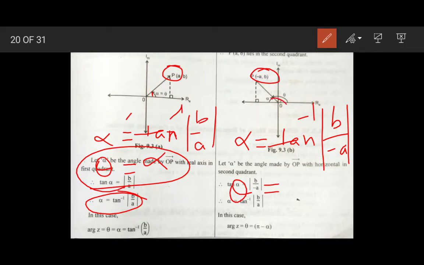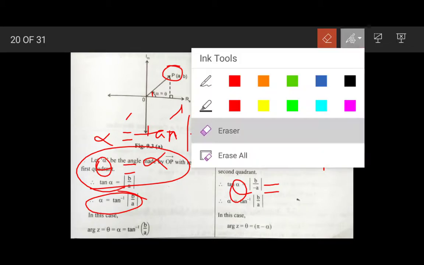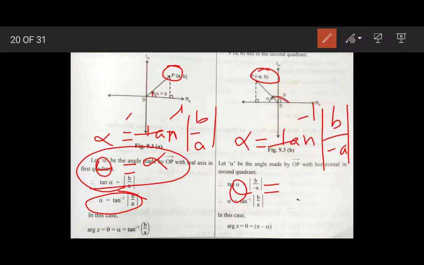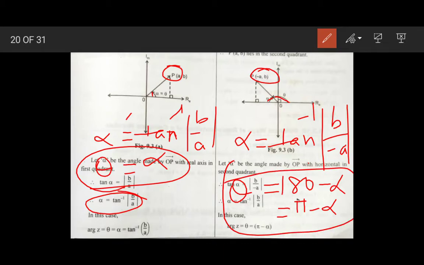This part is theta and this much angle is alpha. So theta will be 180 minus alpha, which can be written as pi minus alpha. So in the second quadrant, theta is pi minus alpha, while in the first quadrant, theta is equal to alpha.